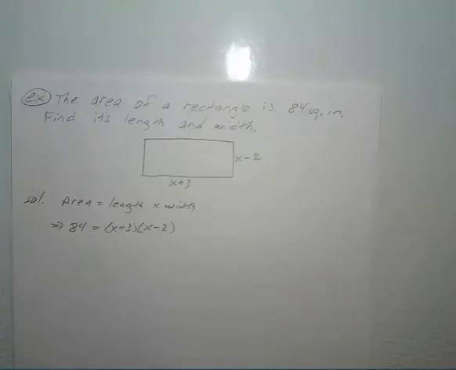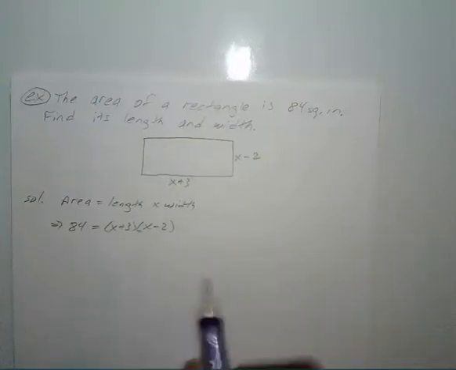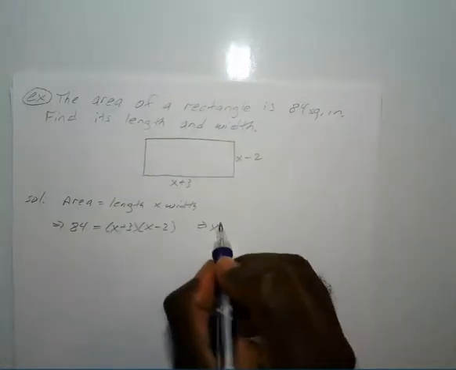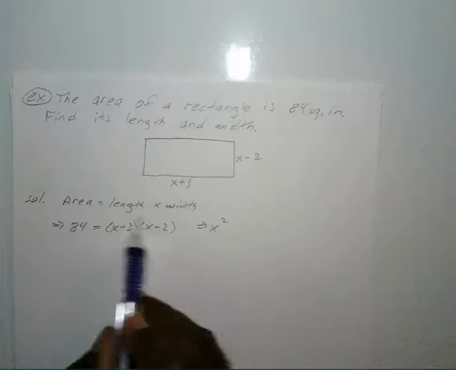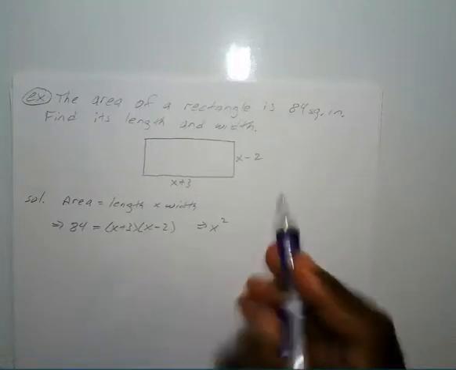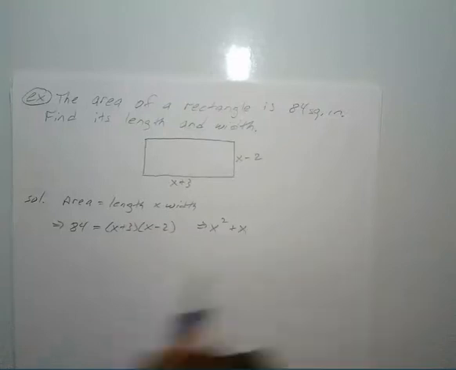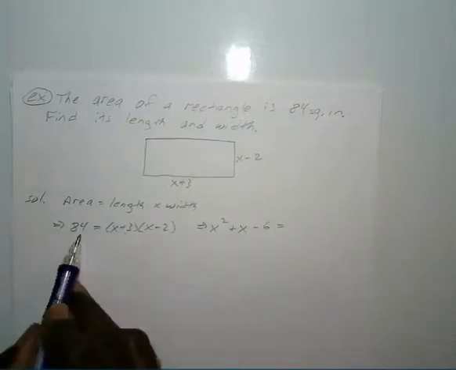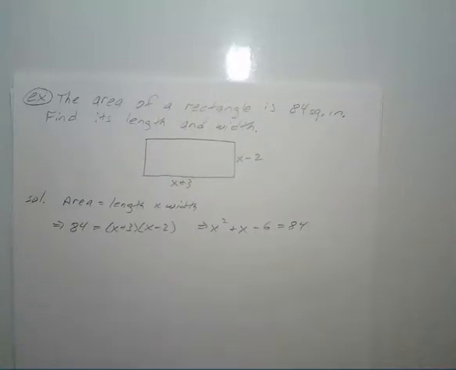We're basically just plugging stuff in. If we do the FOIL method, we have x times x, which is x squared. Our outer is minus 2x and our inner is plus 3x, which combine to plus x. Our last is negative 6, equals our area, which is 84. I just switched it around.